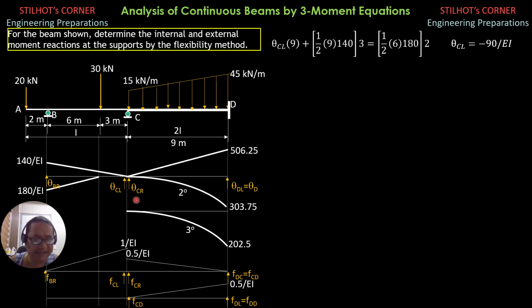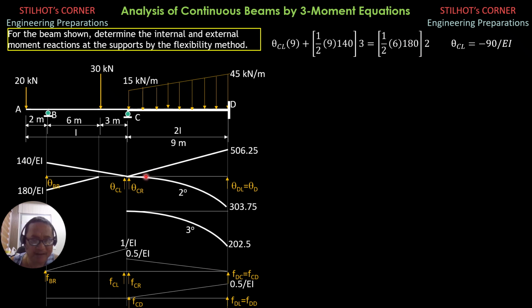Then for theta C right, we consider CD, summation moments about D equals 0, theta C right times 9 plus, by the way, this 506.25 is the sum of 303.75 and 202.5.